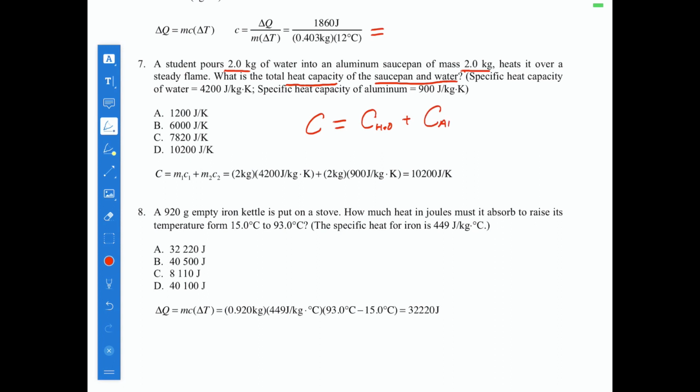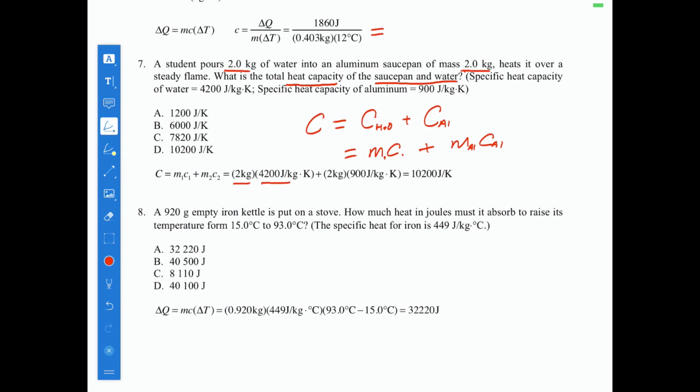Now the heat capacity is equal to the mass multiplied by specific heat. So this is your water plus this is your aluminum. Therefore, water is 2 kilograms, specific heat is 4200.